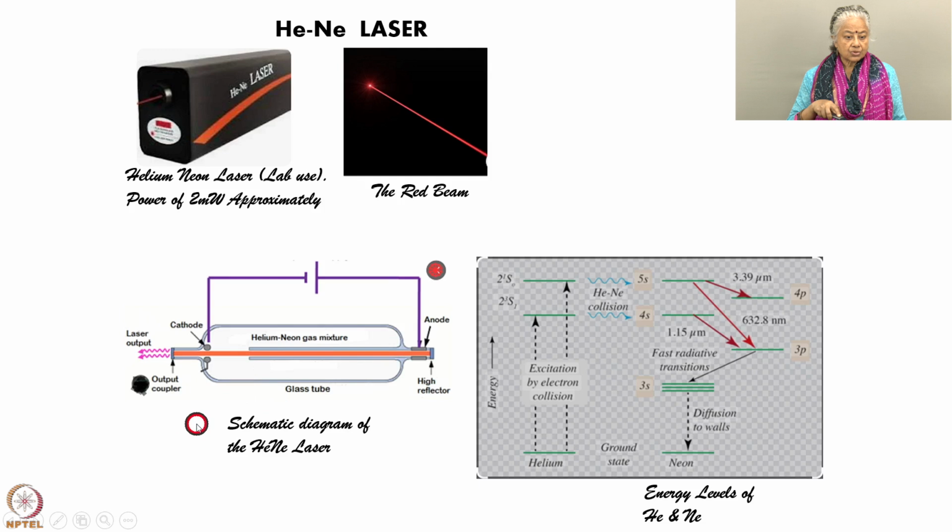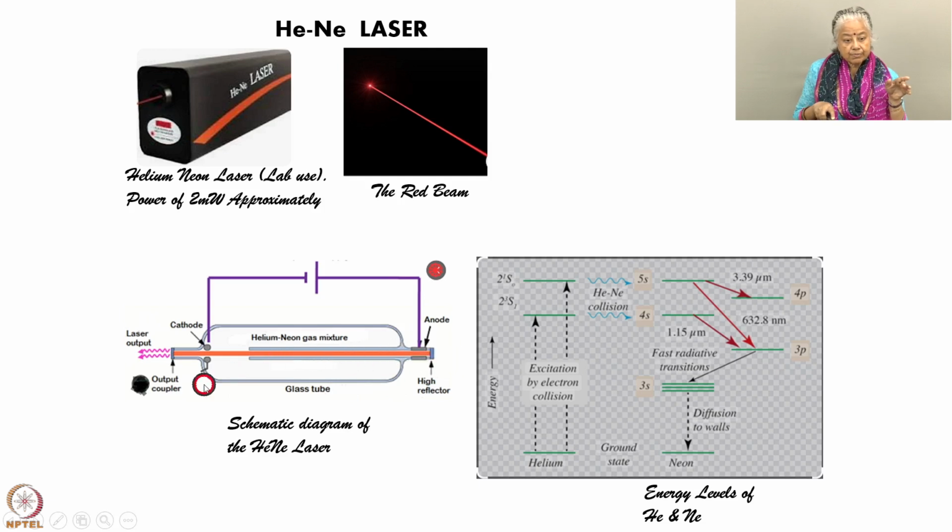Here I just want to clarify the output coupler. You are coming across this name for the first time. It is also a mirror, but its reflectivity is not 100%. In the case of this mirror, the reflectivity is 100%, so whatever light comes here is reflected back.